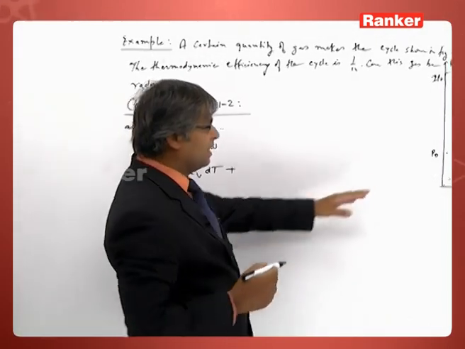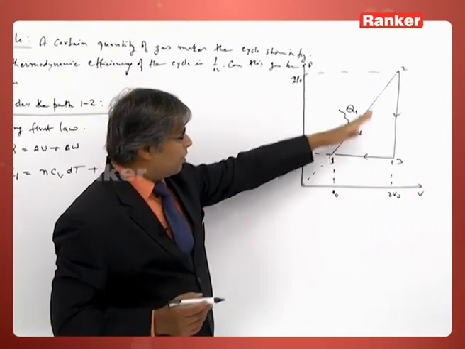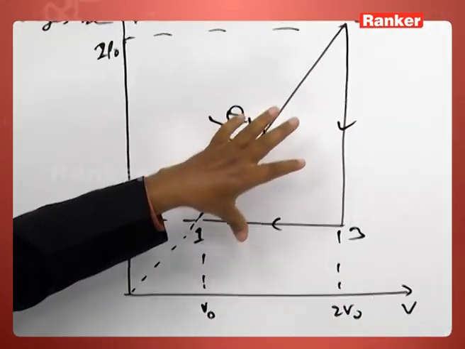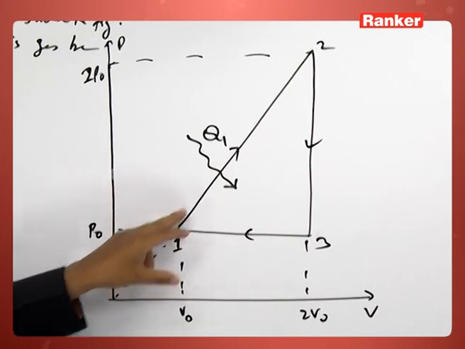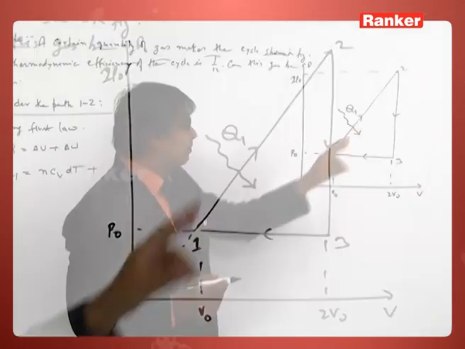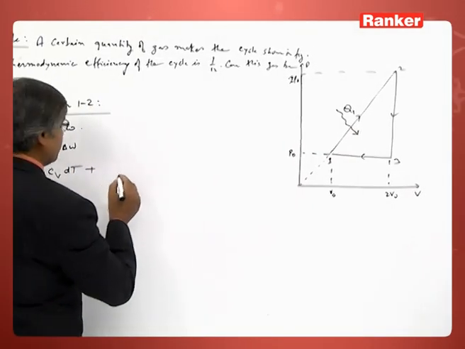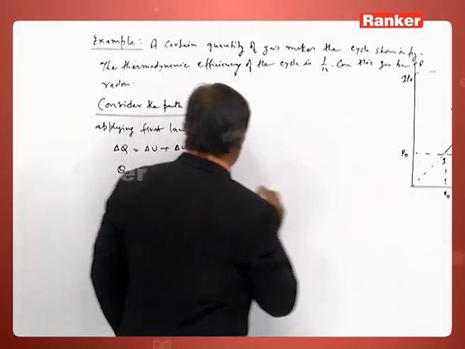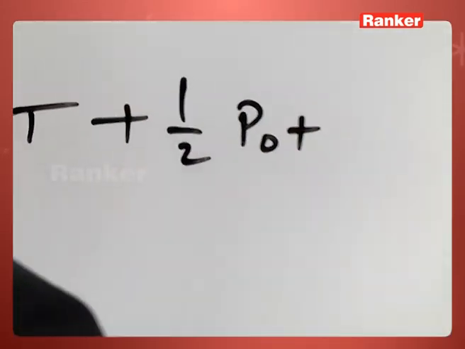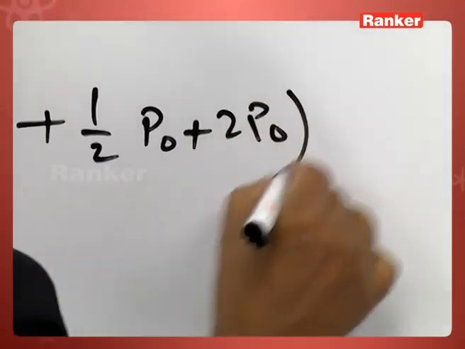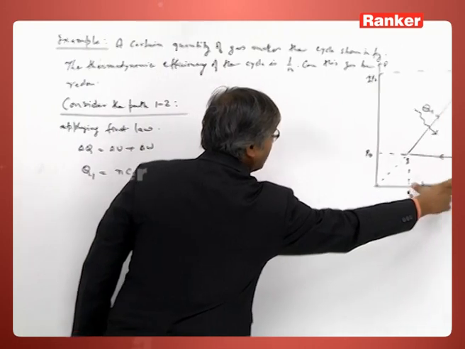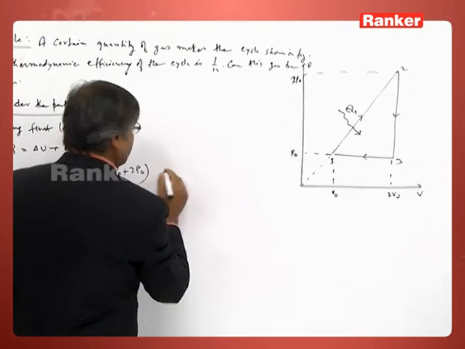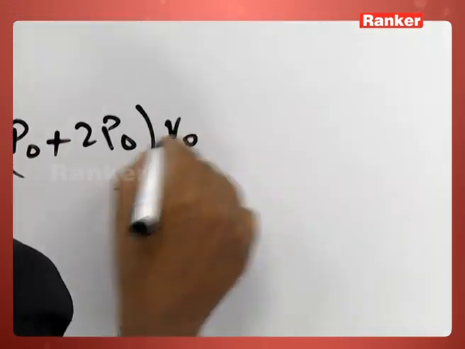Now from 1 to 2, the work done will be the area under this trapezium. That will be equal to half into the sum of the parallel sides, that is P naught plus 2 P naught, into 1 to 3, that is V naught. 2 V naught minus V naught is V naught.